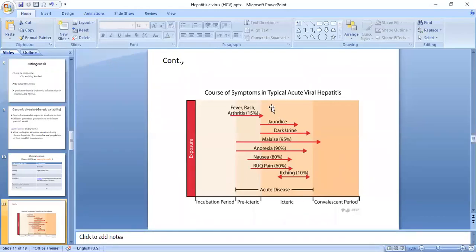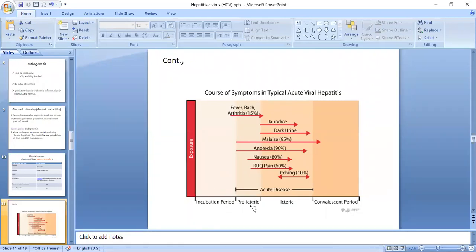This is a typical course of acute viral hepatitis caused by the hepatitis C virus. And there are different phases. The first one is the incubation period, and in this period there are prodromal symptoms.